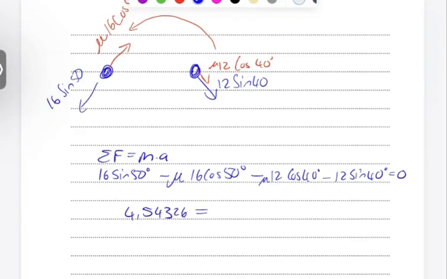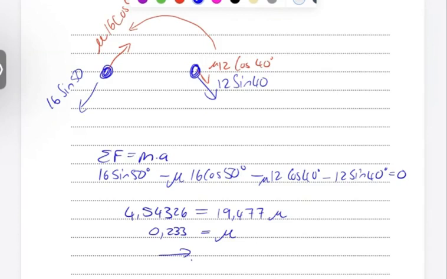And on this side, so I've got a mu of 0.233 if I am looking at 3 significant figures.